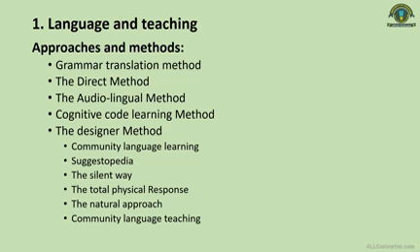Next one is the silent way. It focuses on the learner's independence. Learners should struggle to learn. Rods are very much used to compensate for the teacher's silence. In that method, the teacher is silent, and learners are independent to learn new things.